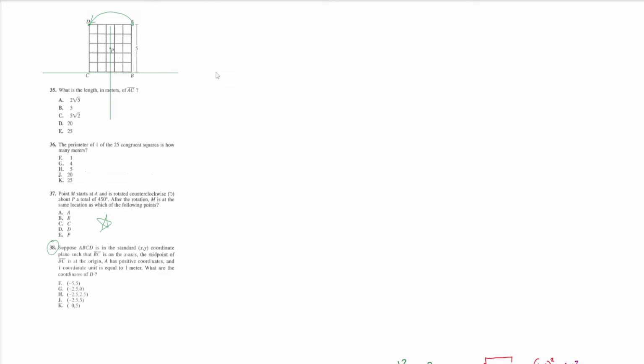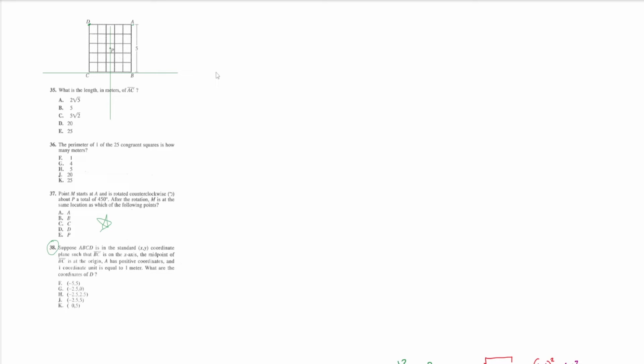So I drew the sort of coordinate system that they describe in the first sentence. And it says A has positive coordinates and one coordinate unit is equal to 1 meter. Is that going to be helpful here? No. That's a distraction, right? That's a smoke screen. There's no meters featured in any of the answers, it doesn't matter.